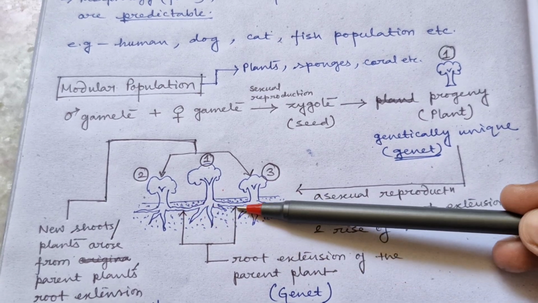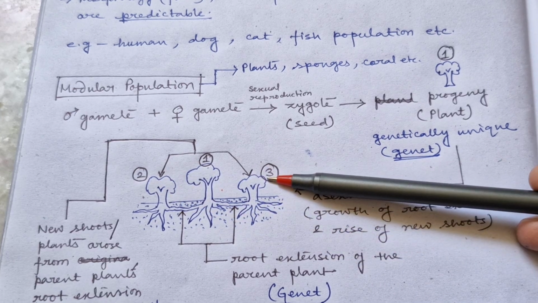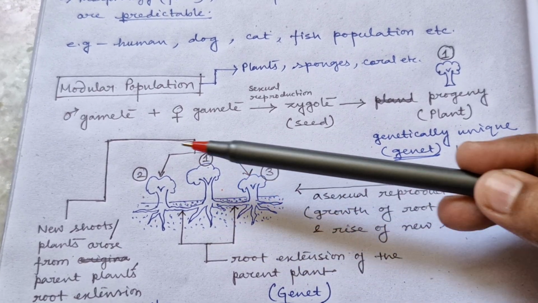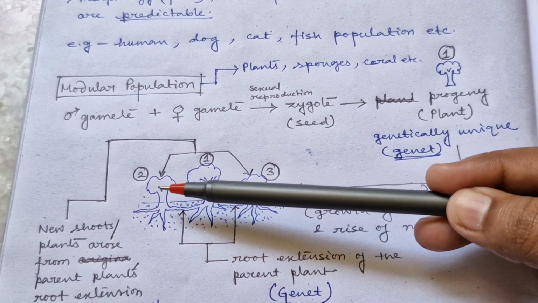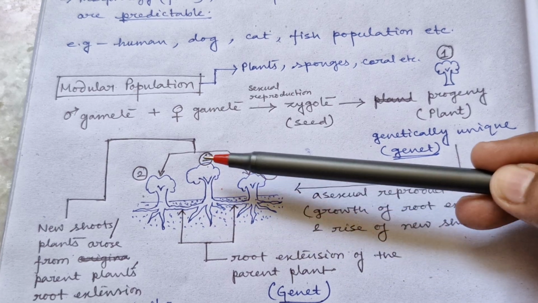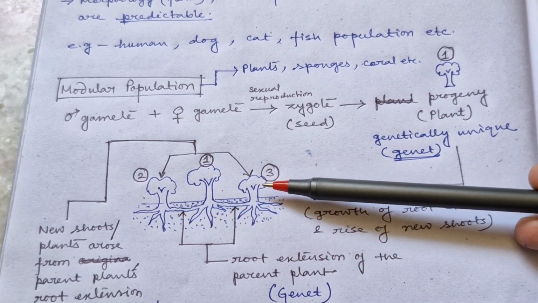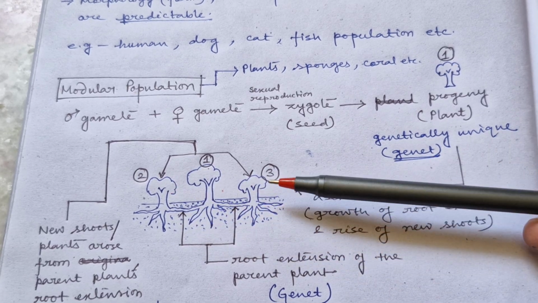From these root extensions, new plants are developed: the second plant and the third plant. Now from a distant view, you can call these three different individuals, but actually these three are all the same. These two are actually clones of the first plant, and these two are now known as ramets or modules, because they are genetically similar.